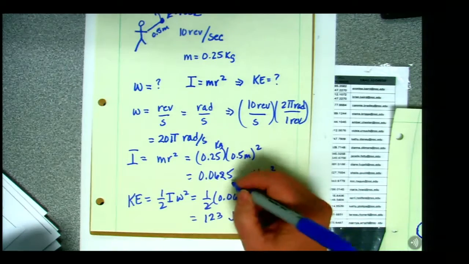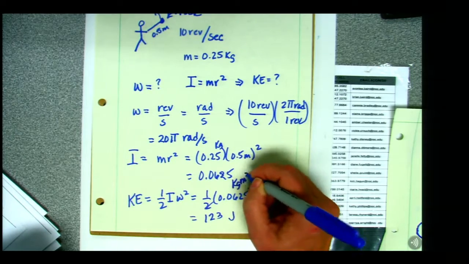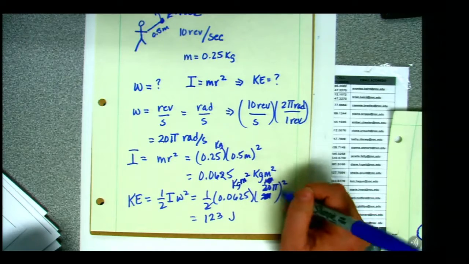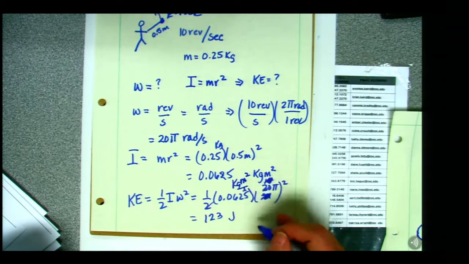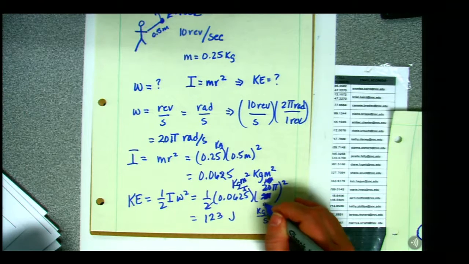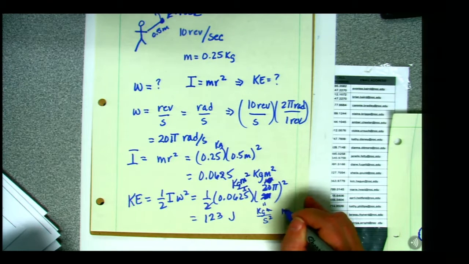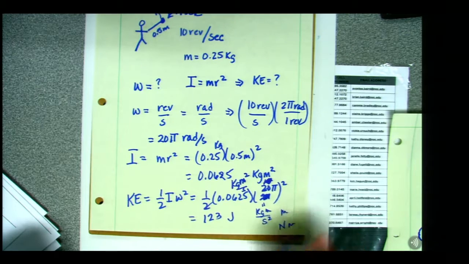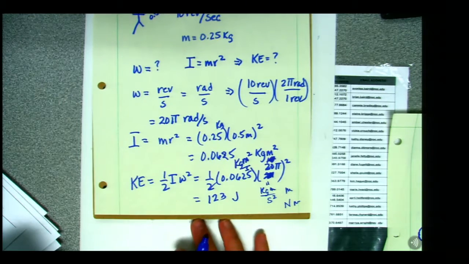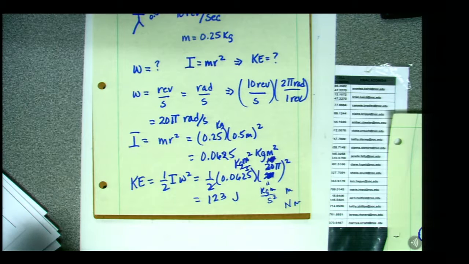The units are kilograms meters squared per seconds squared. Kilograms meters per second squared is a Newton, and my extra meters gives me a Newton meter, and I'm in joules. So we get our joules.